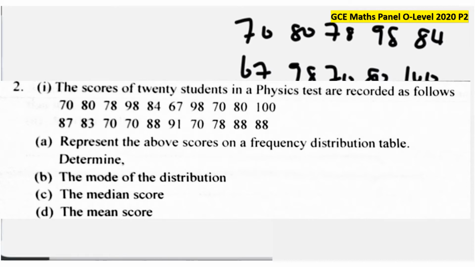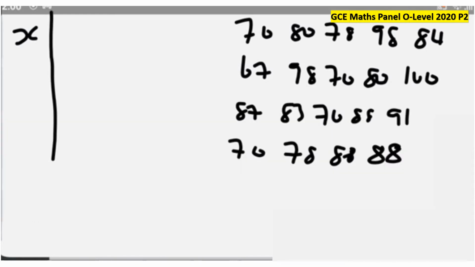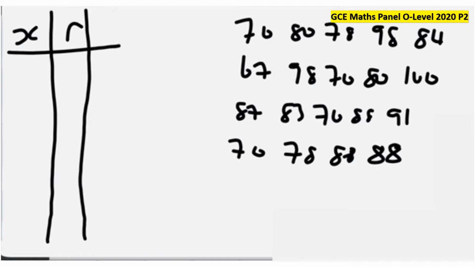When you look at these scores, the smallest score here is 67. To make a frequency distribution table, we have X, and then we have the various scores and the frequency.